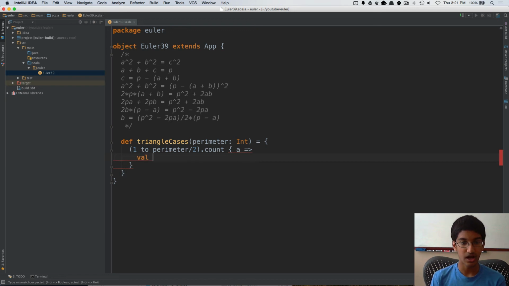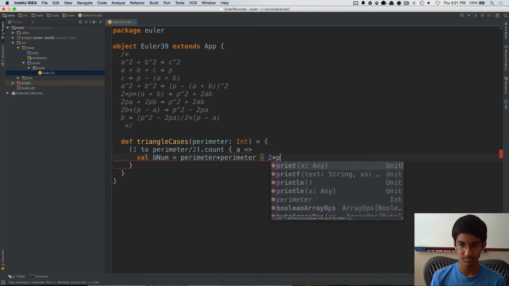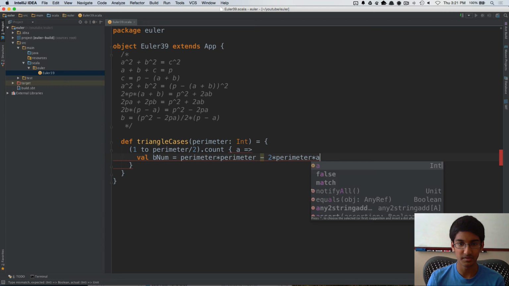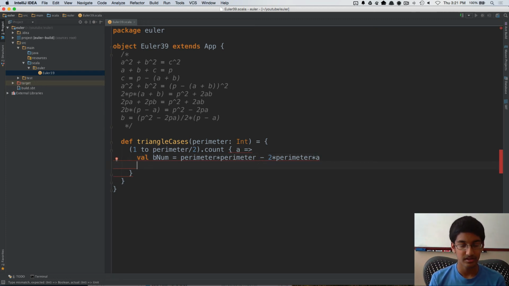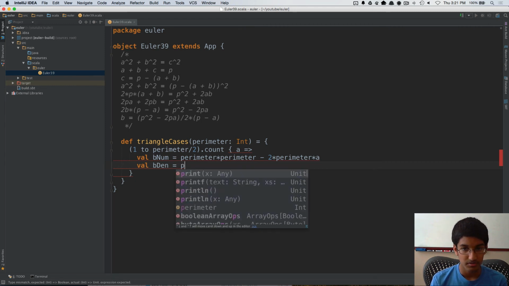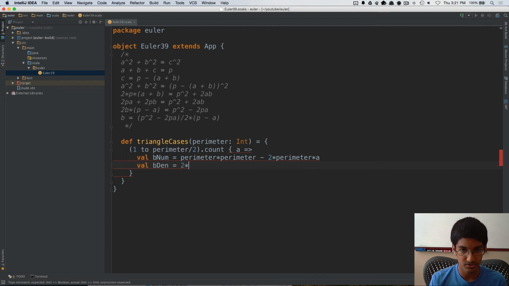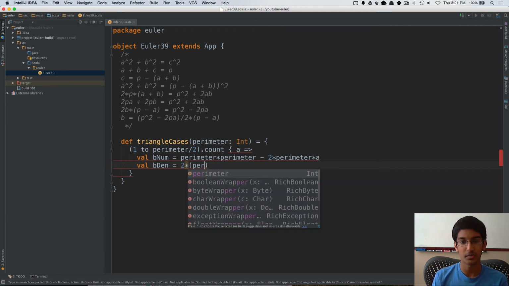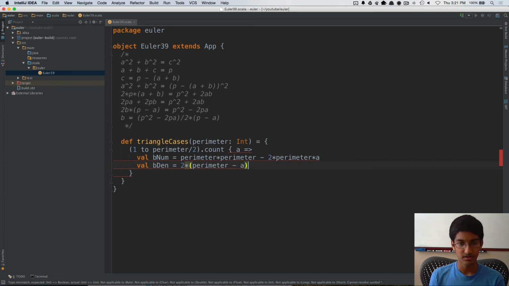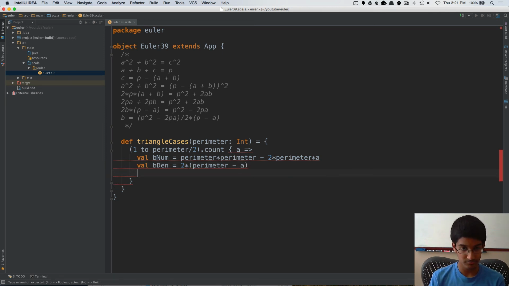So I'm going to do val bNumerator, and that's going to be perimeter times perimeter minus 2 times the perimeter times a, and the denominator is going to be, actually, we should start with 2 probably, 2 times (perimeter minus a). So now we have our numerator and our denominator.